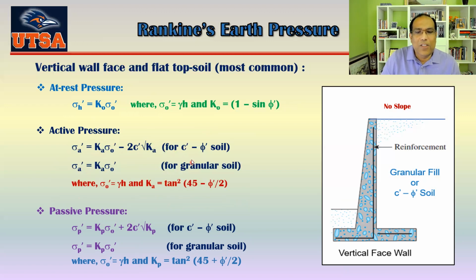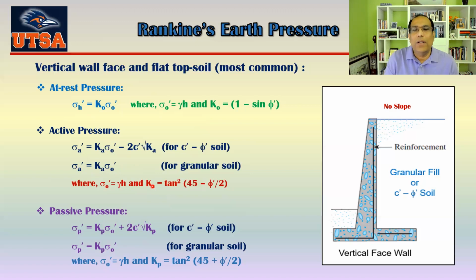And if this soil is granular soil, then C would be 0. So your active pressure would be Ka sigma naught prime, where sigma naught prime is gamma H and Ka equals tan squared of 45 minus phi by 2.